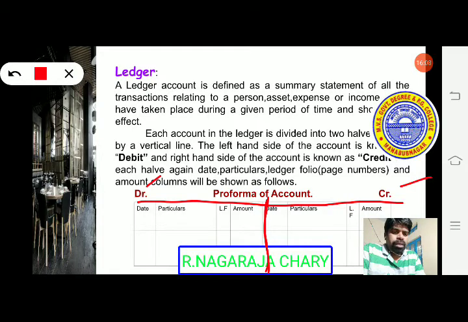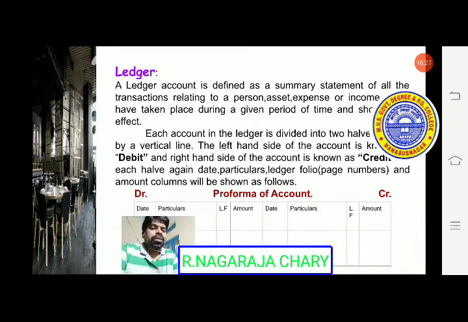In the left side part we have 4 columns, and in the right side part also we have 4 columns.